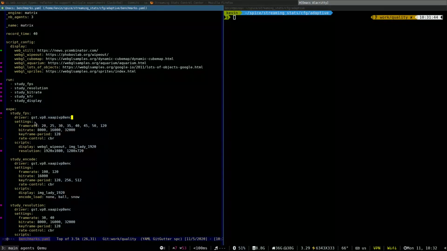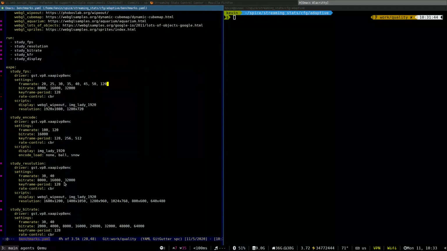For the FPS study, we will set all of these different frame rate values for 3 different bitrates, 1 keyframe period, and to have a good understanding of the different situations, we will use these 2 displays, one WebGL, one static image, and 2 resolutions.